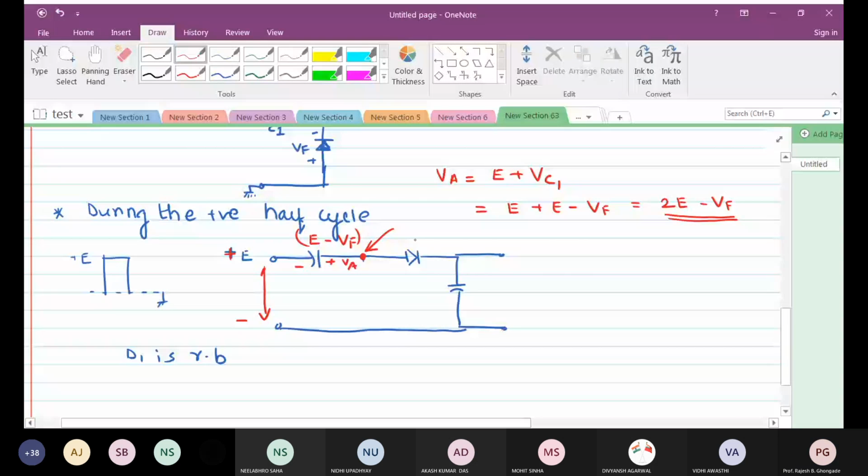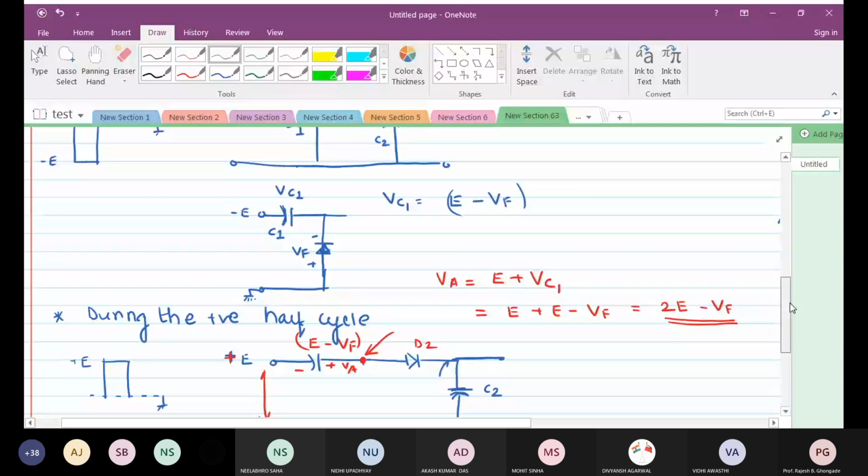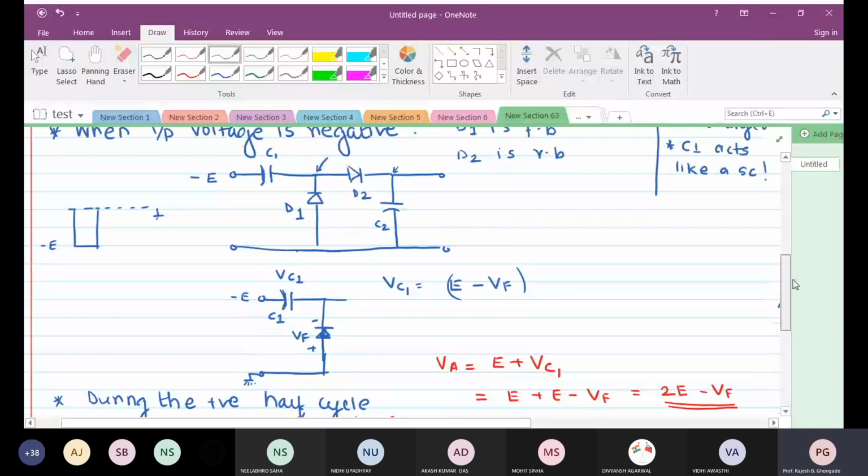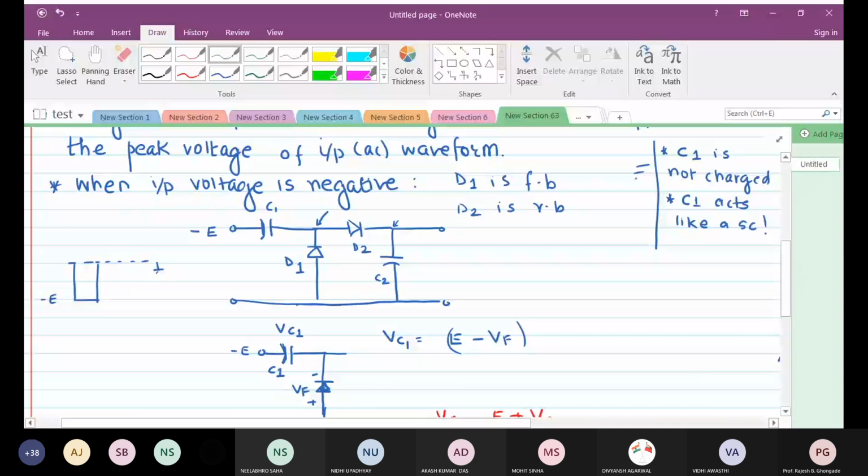Now look at the condition across D2. What will happen to D2? What is the voltage at the cathode of D2? Remember again the same principle: when a capacitor is not charged, it acts like a short circuit.